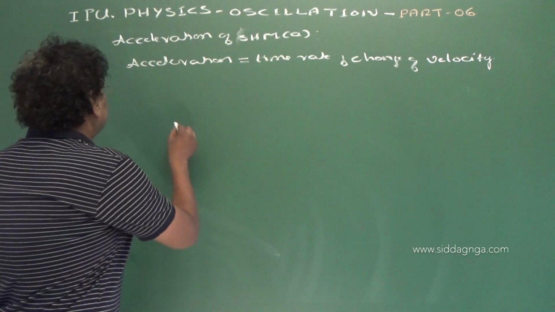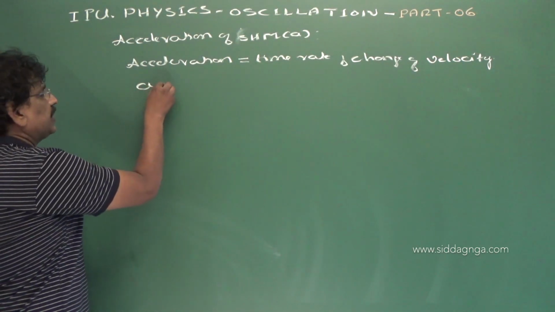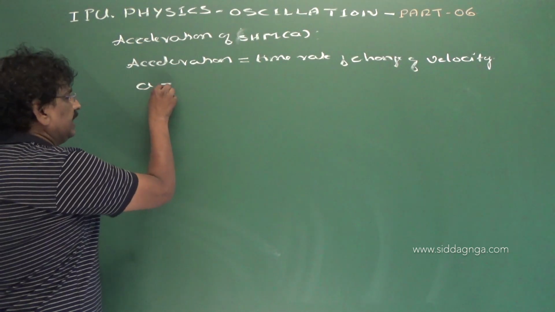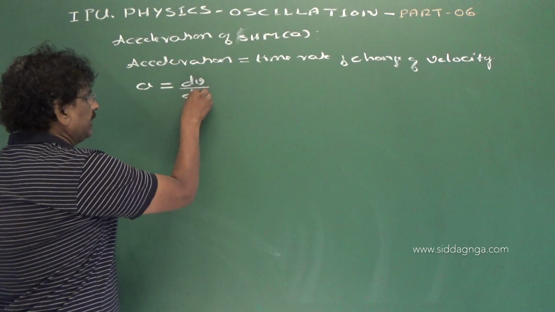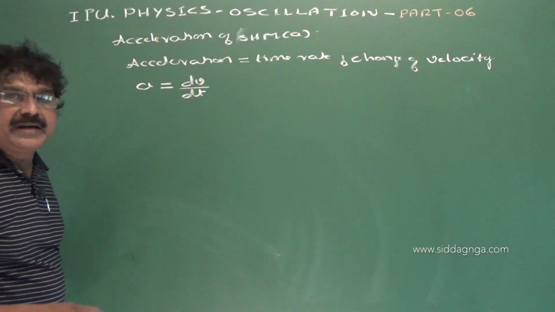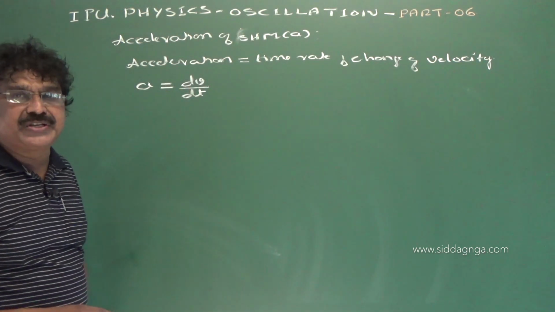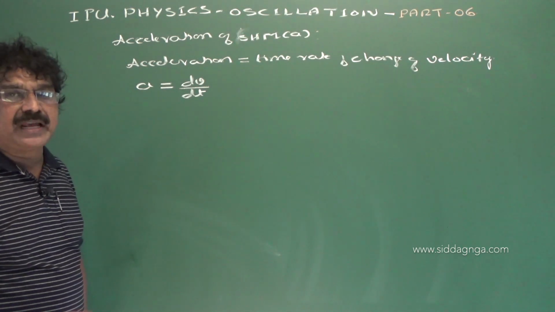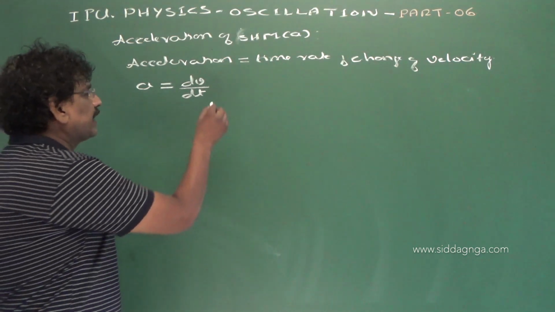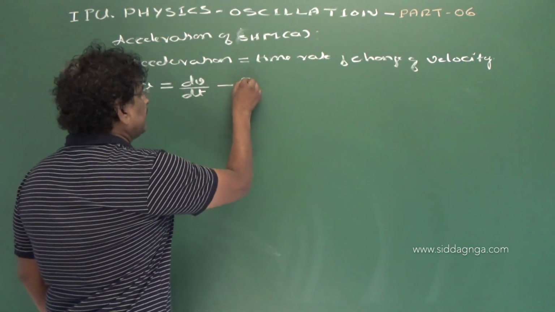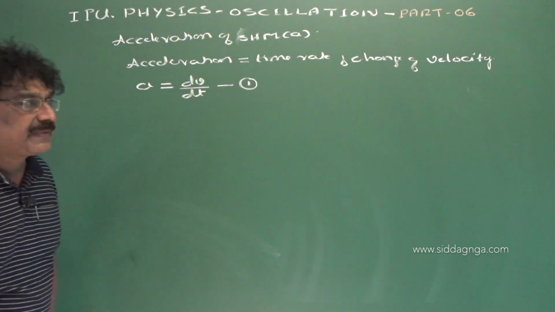That means the acceleration a is equal to dv by dt, where dv is the small change in velocity of simple harmonic motion and dt is the time taken. This we may take as equation 1.